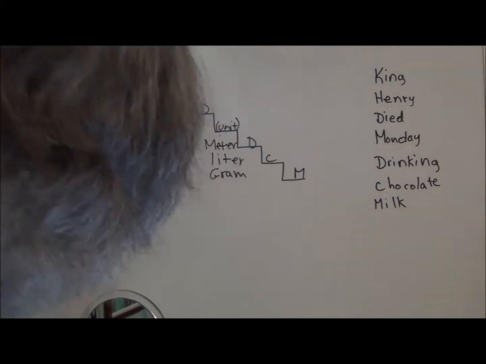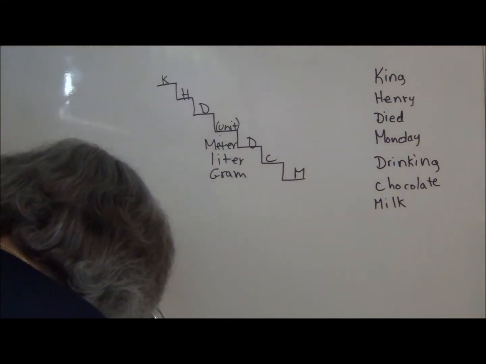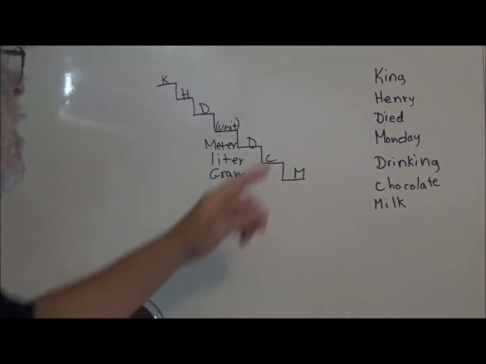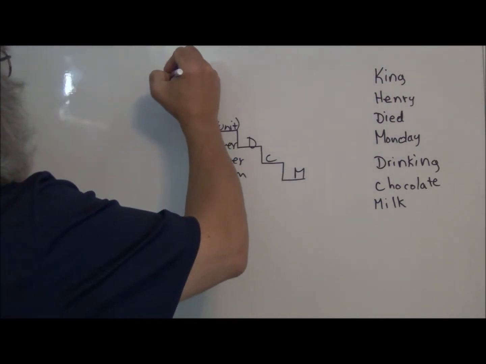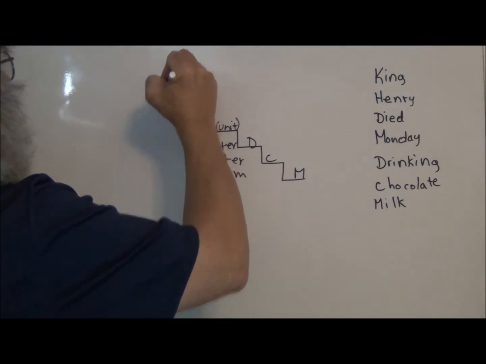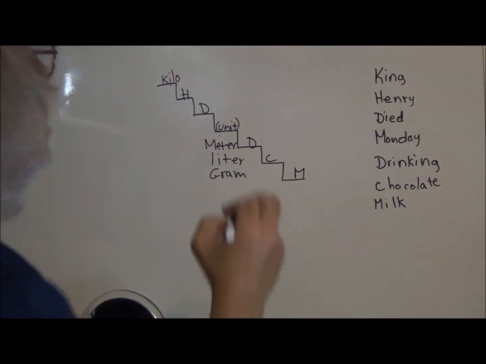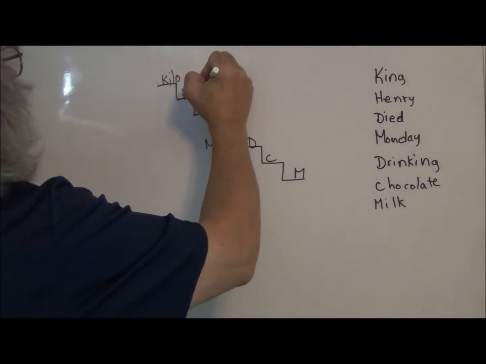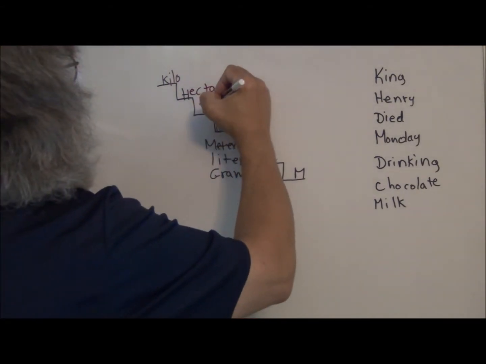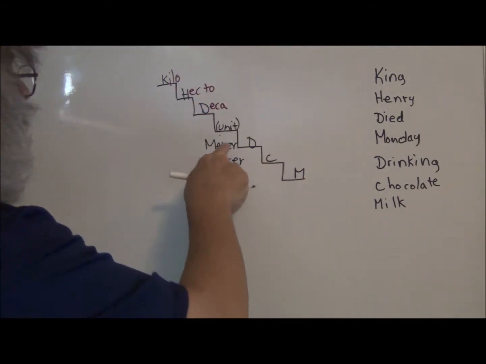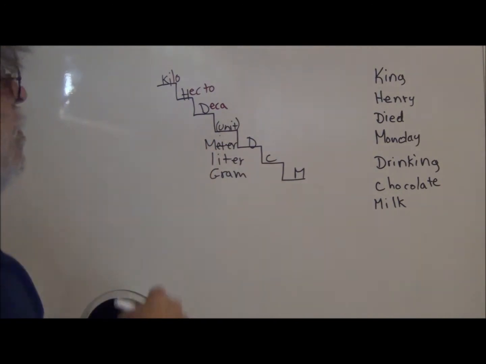So I'm going to get a different color marker so that things stand out a little bit more. And I'm not going to write king, I'm going to write kilo for kilogram. So kilo means 1,000. Okay, we've got a hecto. So we have deca. And then over here it's going to be either meter, liter, or gram.